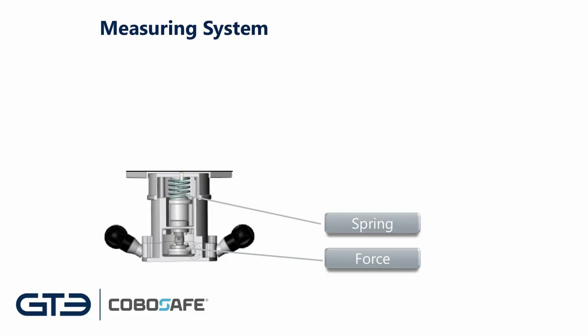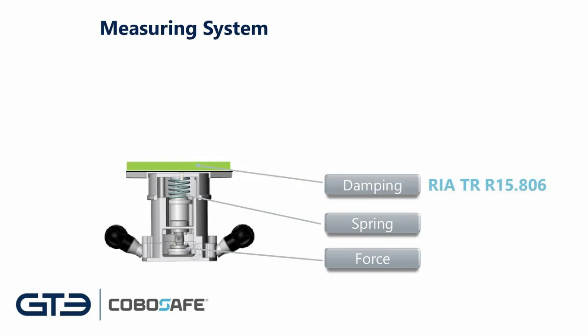Then we need a damping element, and that one is a deviation from the ISO/TS 15066. Damping elements are just mentioned in R15806, and they lead to more realistic results. Furthermore, you have to apply a pressure sensor on top of the damping element. And last but not least, a microfiber cloth is applied.